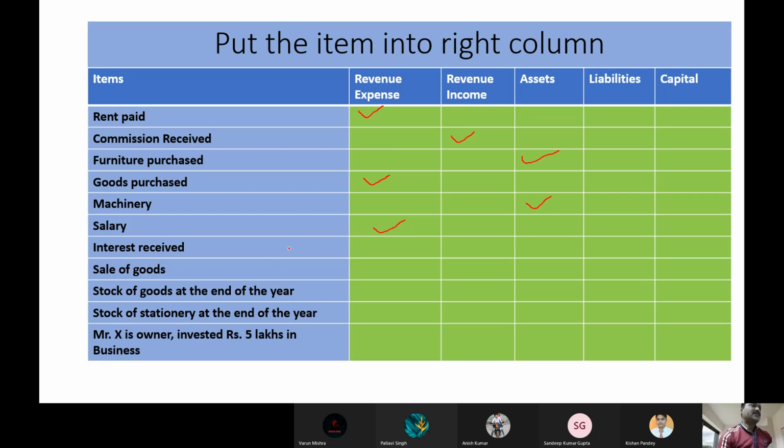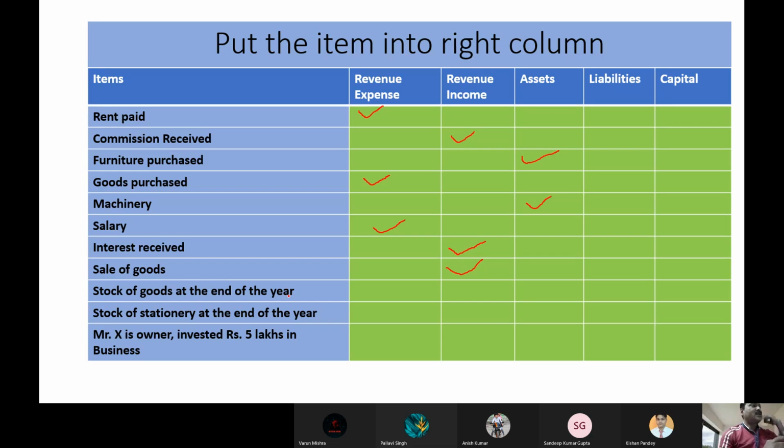Now interest received. We receive interest every year because it is based on monthly or yearly periods. So this is an income, and what kind of income? Revenue income. Sale of goods. When we purchase goods, it is called revenue expenses, but when we sell goods, it's called revenue income or revenue from sale.